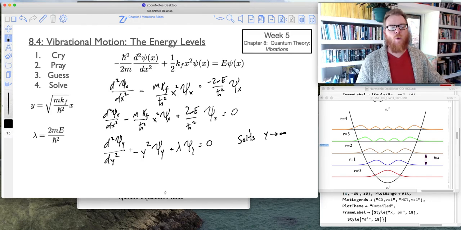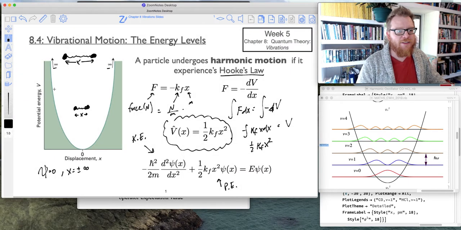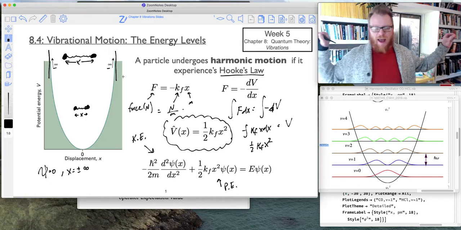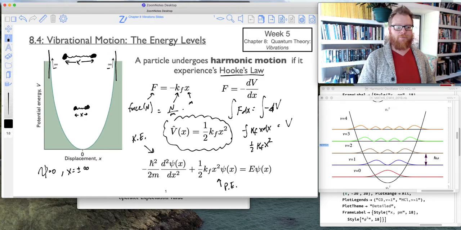This is the point where we could go through our normal guess and solve methods, where we guess e to the, in this case, e to the ay. But as it turns out, that's not going to give us these asymptotic solutions as y approaches infinity. Again, asymptotic because as this approaches infinity, we don't expect infinite displacement.